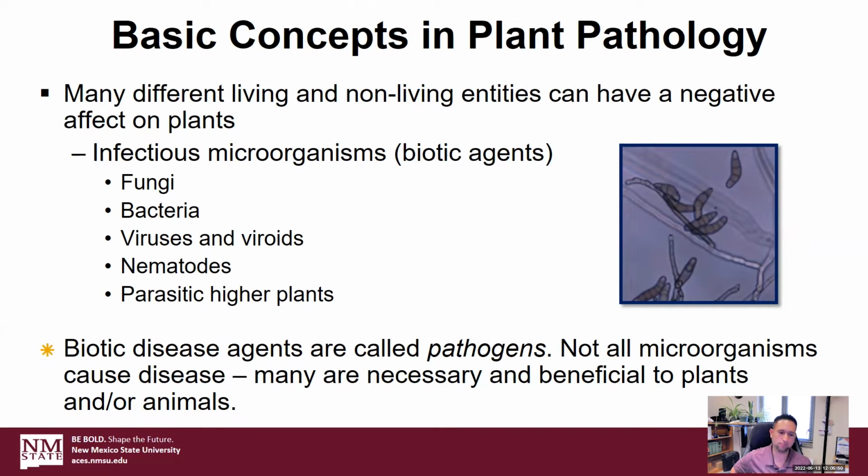Those, for example, are mistletoe or dodder, that yellow stringy stuff you sometimes see on the side of the road after it rained. Those biotic disease agents are called pathogens. However, not all microorganisms cause diseases. There can be good ones and bad ones, and many of these are necessary and beneficial to plants and or animals. I'll give some of those beneficial examples later on in the slides.